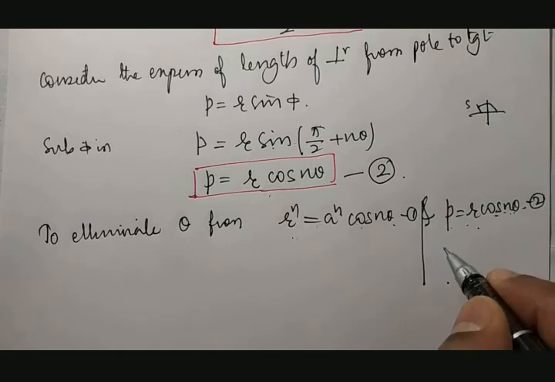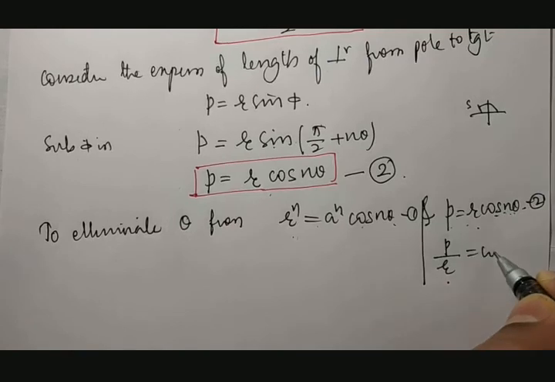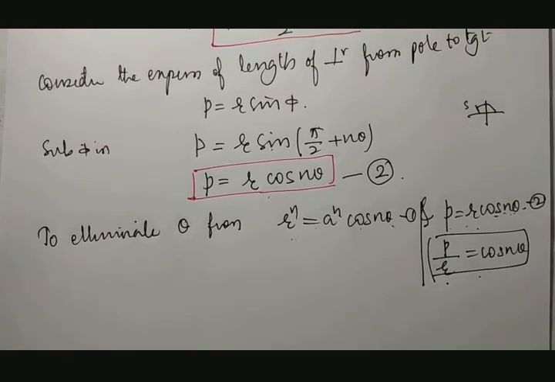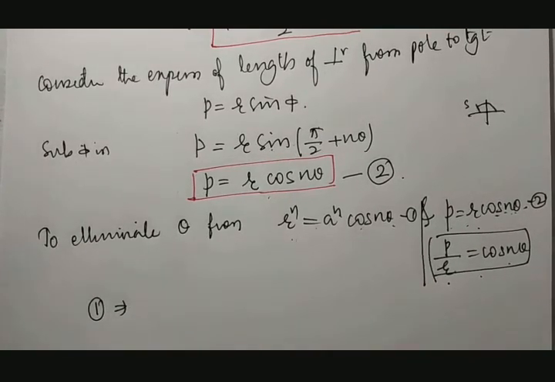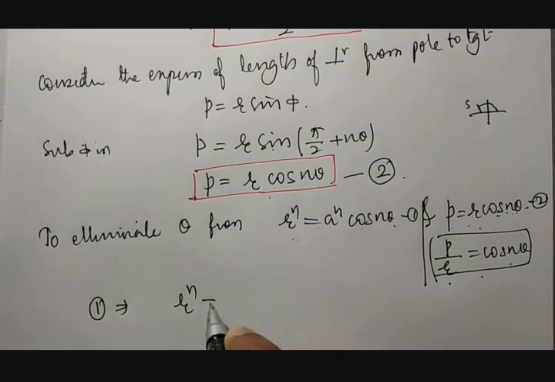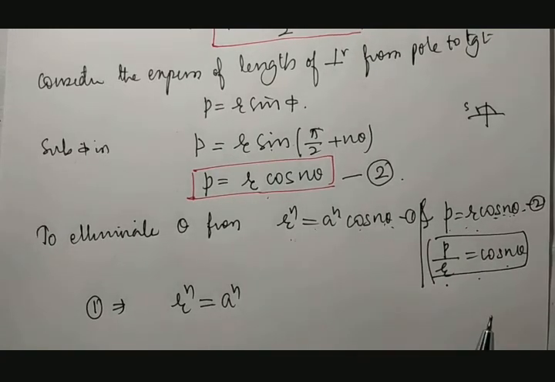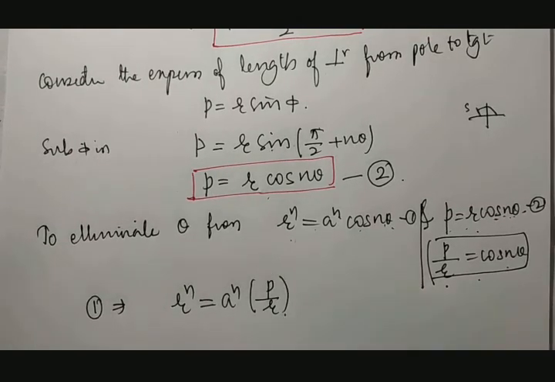From this equation, I'll take r to the other end, and this is equal to cos nθ. Therefore, I'll substitute this in equation number 1. Then equation number 1 becomes r^n = a^n cos nθ, but as per this equation, cos nθ is p by r.